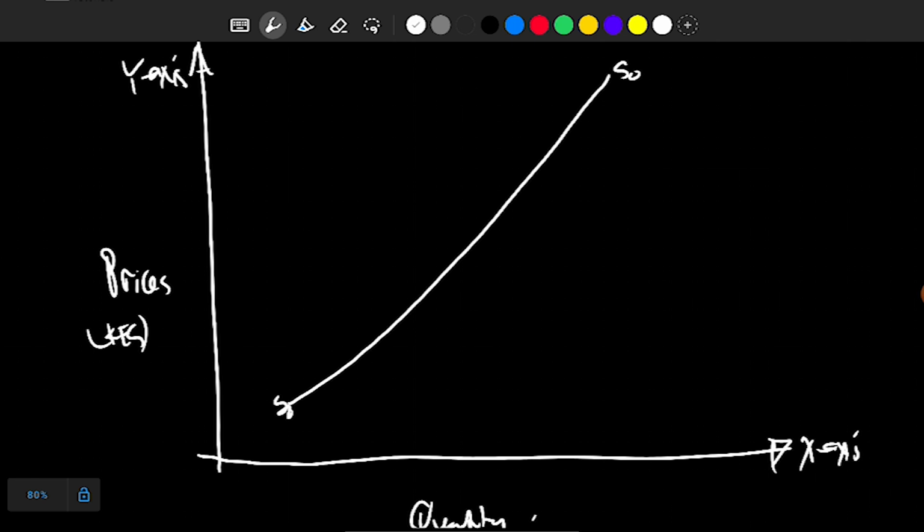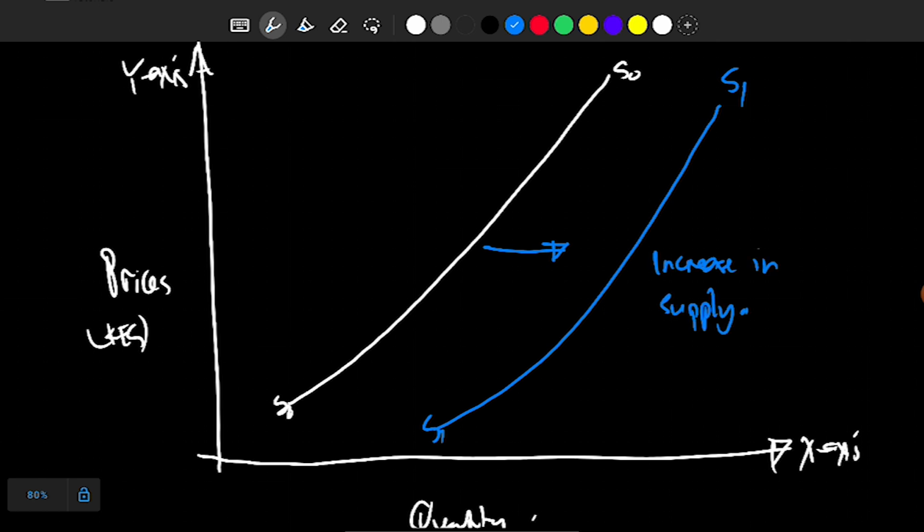If, for example, other factors such as the cost of factors of production, an increase in the number of producers, or improvement in technology cause an increase in supply, then on the Cartesian plane the supply curve will move to the right. Then you have a new curve here. Let's call this supply 1. So this movement to the right signifies an increase in supply.